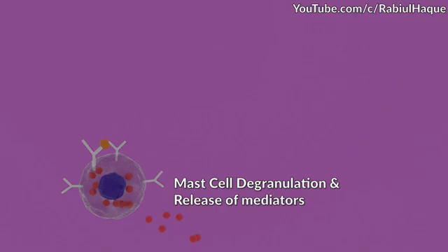Lipid mediators will include arachidonic acid-derived products, and cytokines will include TNF or tumor necrosis factor, interleukin 1, and chemokines. These mediators are responsible for the manifestations of immediate hypersensitivity reactions, and they may include edema, mucus secretion, smooth muscle spasm, etc.